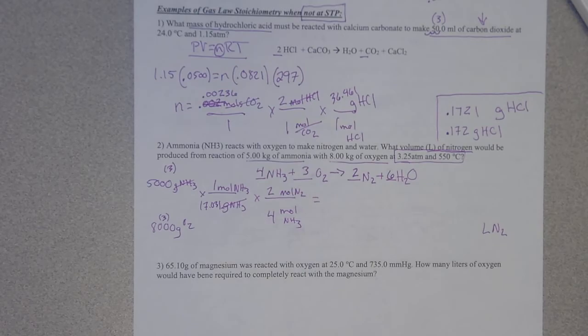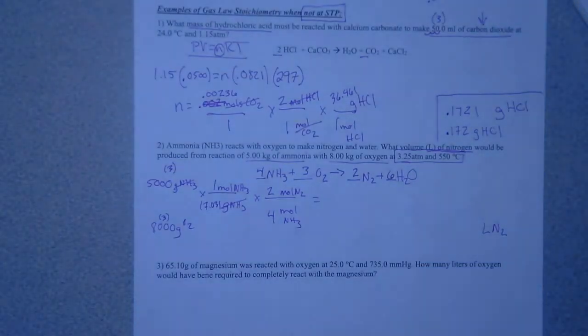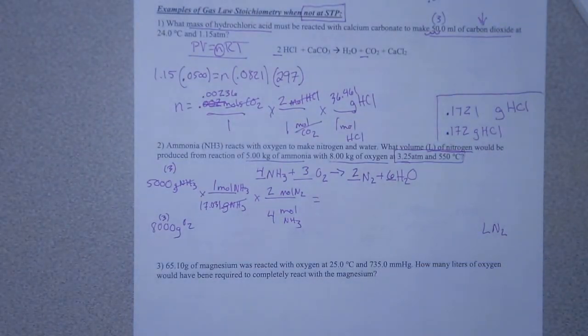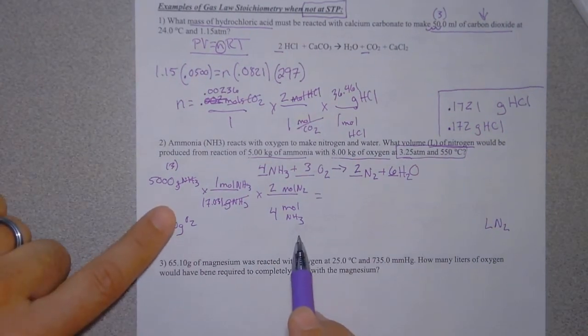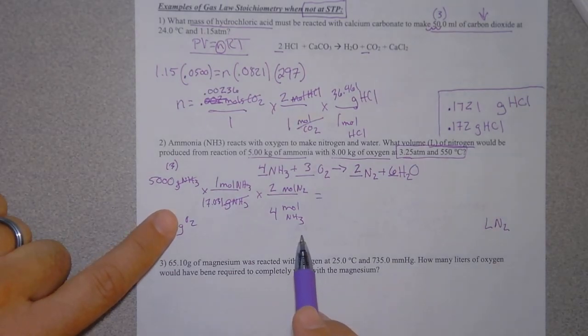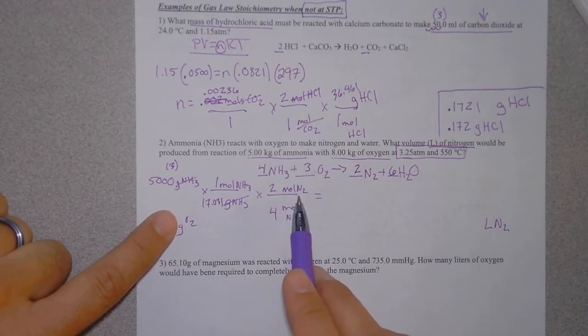Wait. I thought we were only supposed to be converting them into moles, right? I currently have them converted into moles of NH3 and moles of O2. Why exactly are you trying to convert them into moles of N2?